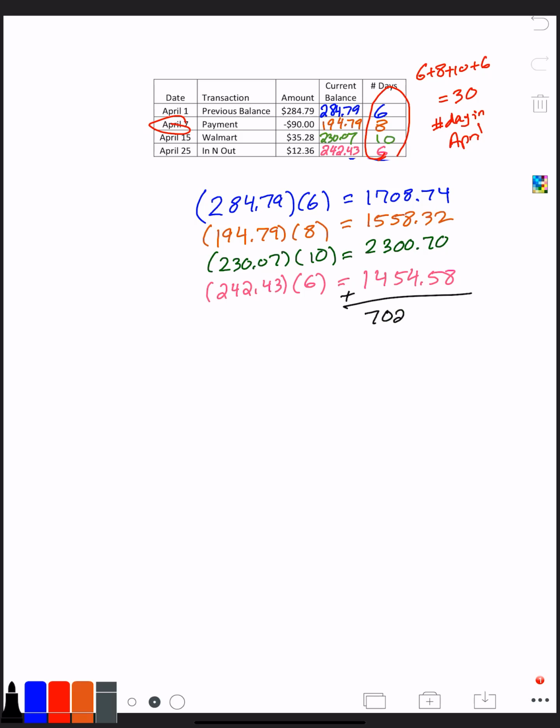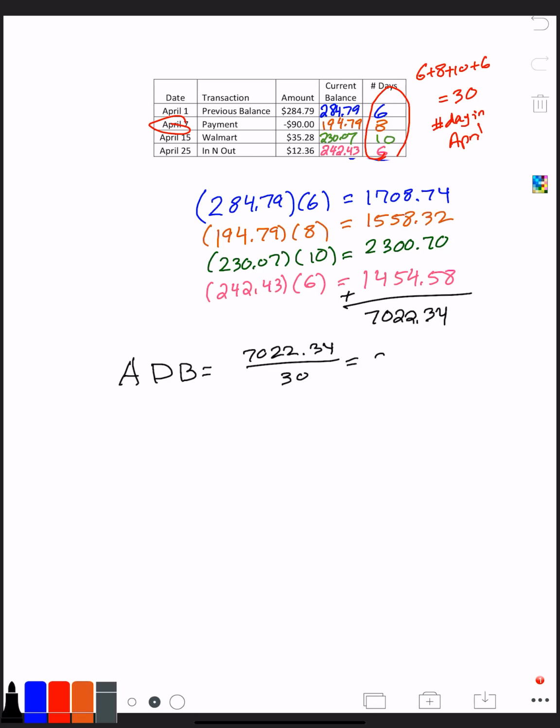We get 7,022.34. One last step to find the average daily balance. The average daily balance then is going to be whatever number we just got after all that hard work, divided by how many days in the month, which is 30.